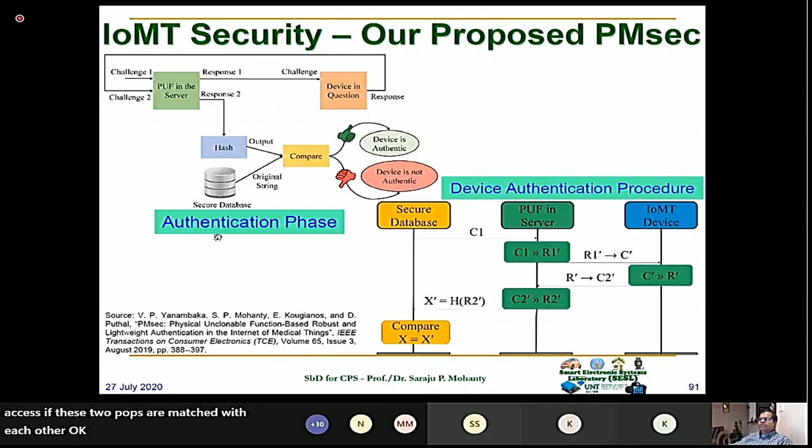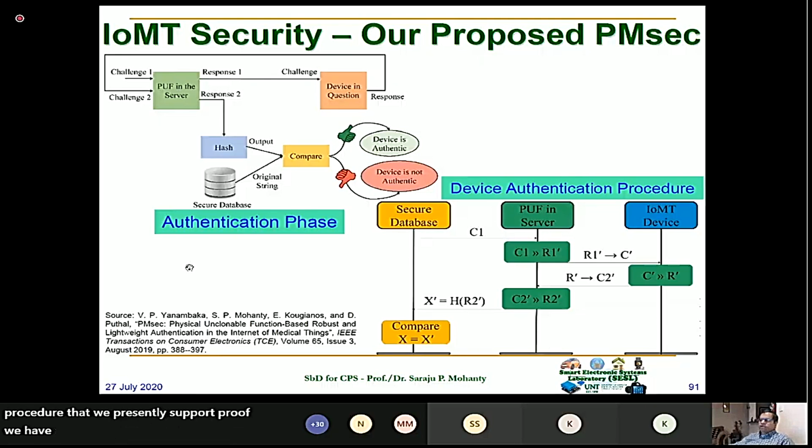Okay, and accordingly, we have an authentication process. Okay, the authentication phase. That means how a legitimate doctor who wants to reconfigure the pacemaker or another medical device can do so. So this is the procedure that we presented. This is foolproof.